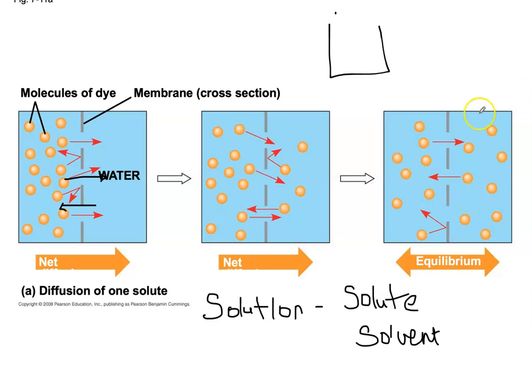It just means that the number of H2O molecules moving from that side to this side and H2O molecules moving from this end to that end is equal. And the number of solute molecules moving from that end to this end and back is also equal. Both of these are going to be equal. And that's what a dynamic equilibrium is.